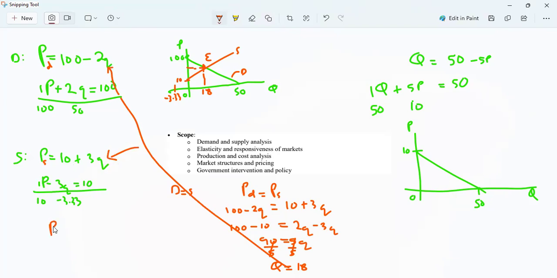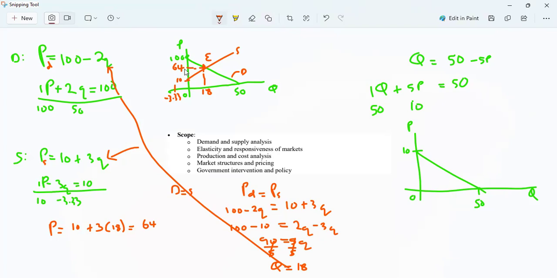So we put 18 where there's a Q. P is equal to 10 plus 3, in brackets 18. 18 times 3 gives me 54. So you have 10 plus 54, which is 64. So price is 64.